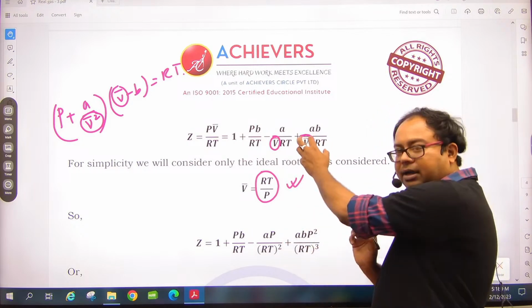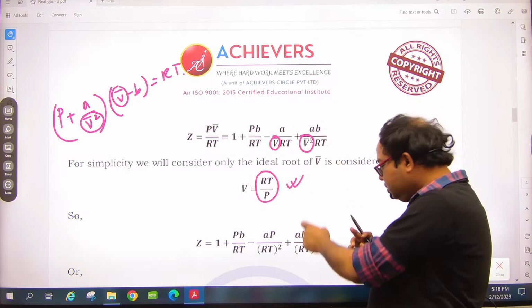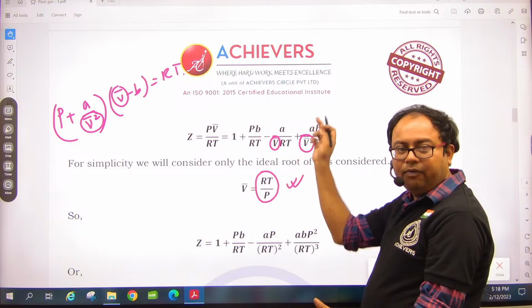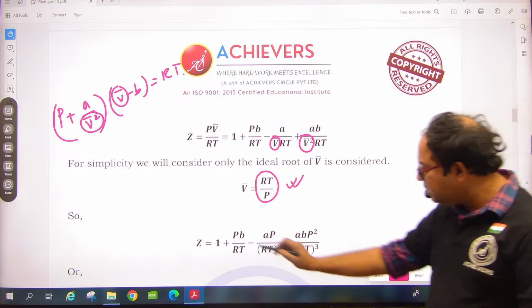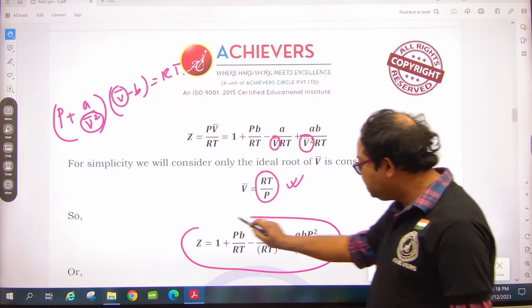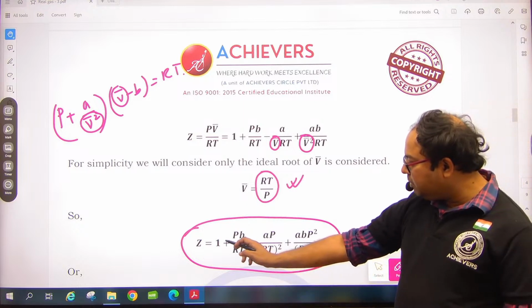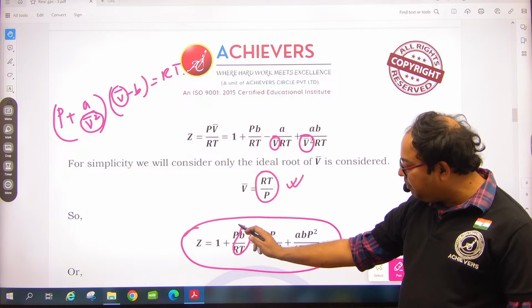So you have got RT whole square in the denominator, and you have also got RT term, so it becomes RT whole cube, and the P square term is coming, which is going to the numerator as P square. Simple algebraic replacements. So this eventually becomes the expression of Z in the power series of P. The first term is P to the power 0, it's 1. The second term contains a P term, P to the power 1.